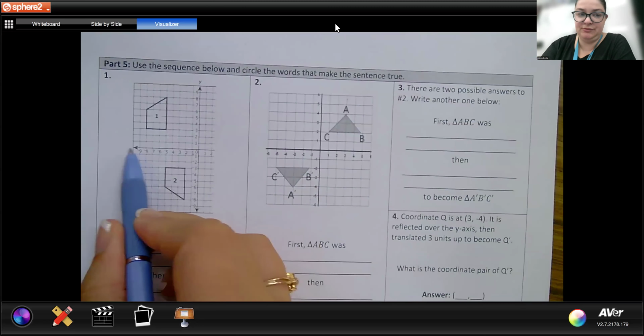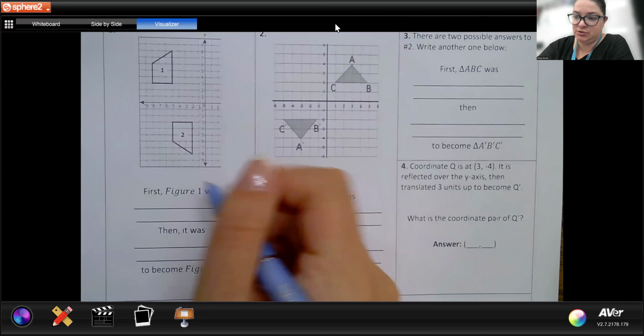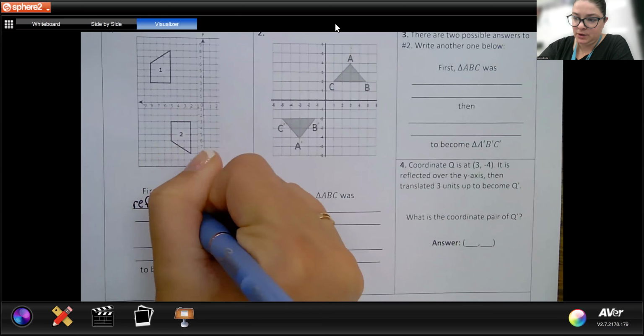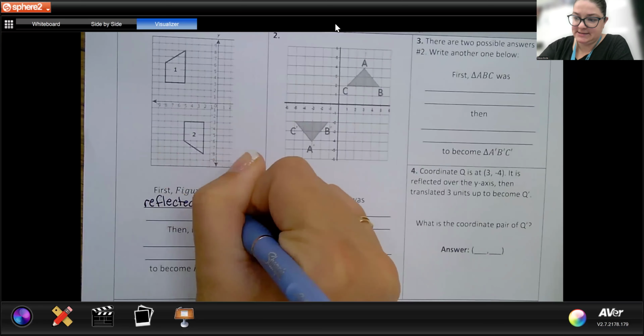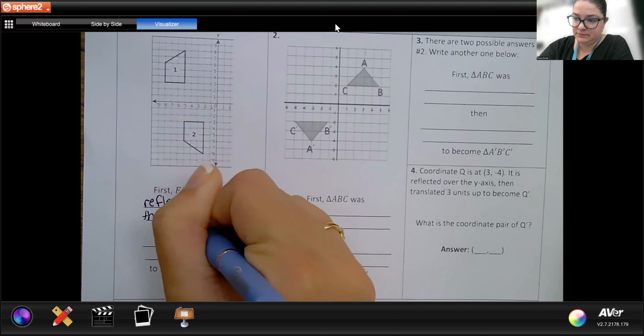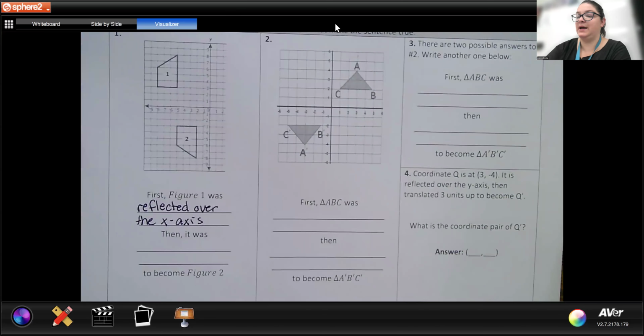Notice it was reflected over our x-axis. So first figure one was reflected over the x-axis. Then we said we had to slide it over.